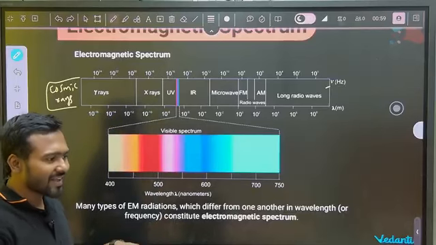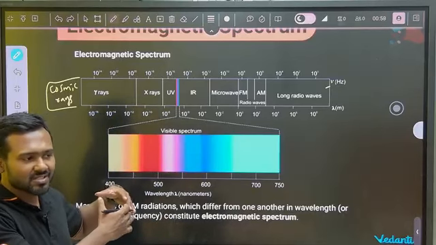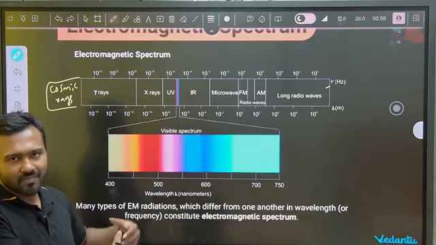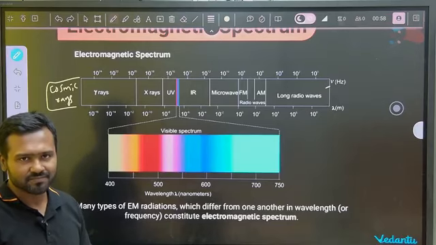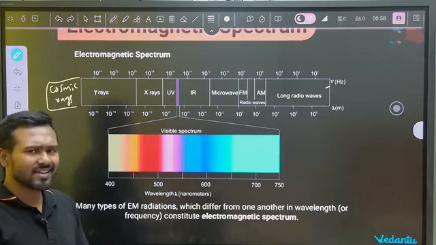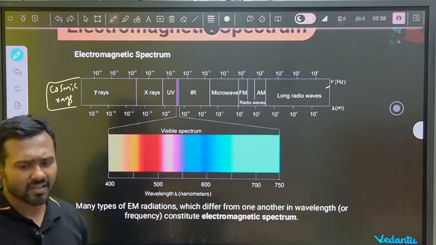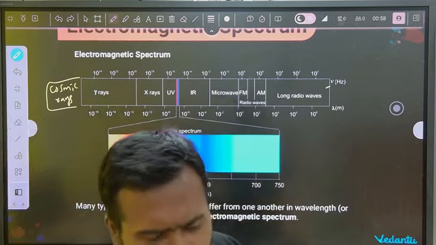In this one, see, this is the spectrum. This is nothing but the arrangement of all the radiations in the decreasing order of their energy or in the increasing order of their wavelength. All are interrelated, so you can say it in any one term. Either you can say in terms of decreasing energy order.